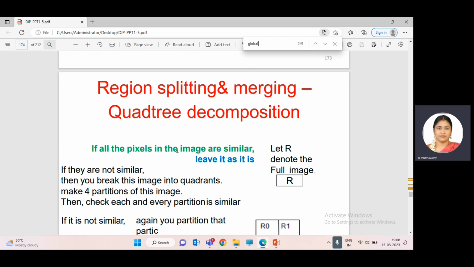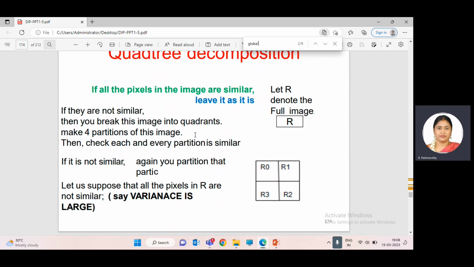If you break the image into quadrants, that is 4 partitions, then it is called a quadtree, where R is your image and R is divided into 4: R0, R1, R2 and R3. And for your entire image, the variance is very large.